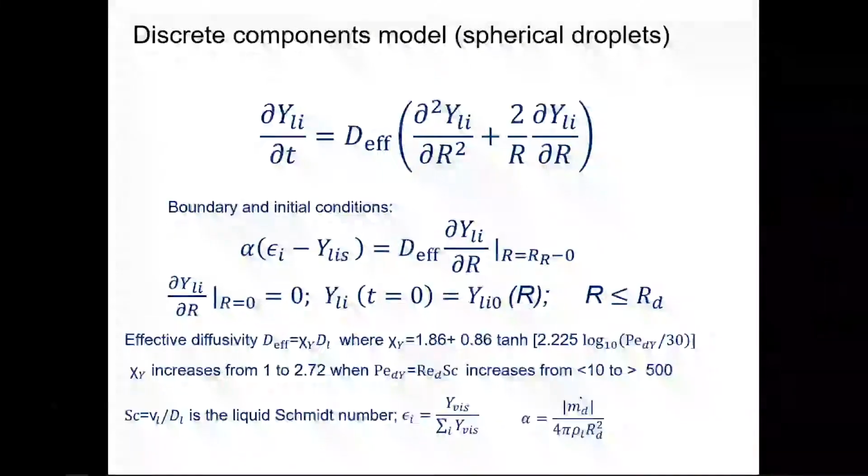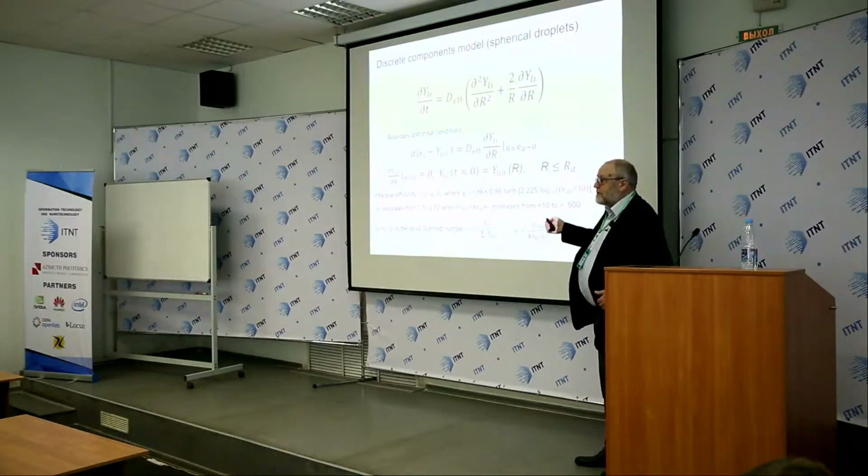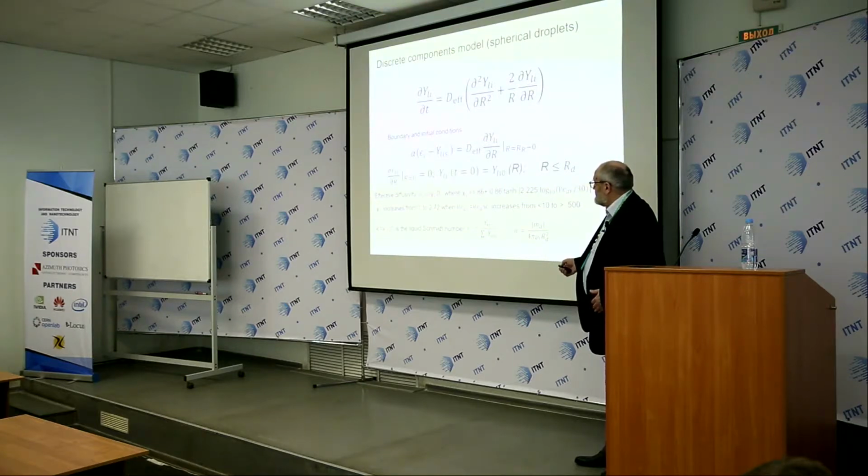Again, it is presented for the spherically symmetrical case, but it can be applied to moving droplets by introducing the so-called effective diffusivity model, in which the effective diffusivity of species is linked with the liquid diffusivity by this simple equation.